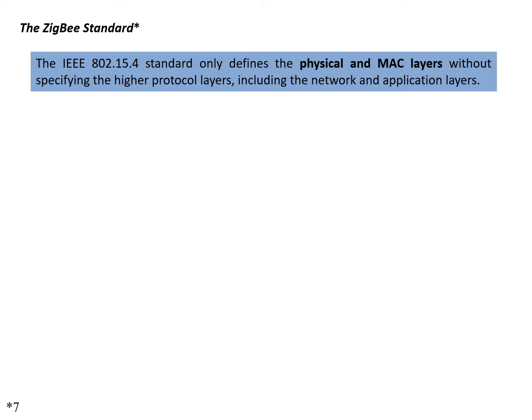Okay, last time we discussed the IEEE 802.15.4 standard, and you know this is the standard designed for a short range wireless transmission protocol, and this protocol defines the physical and MAC layer, and there is no specification for higher layers like network layer and application layer.